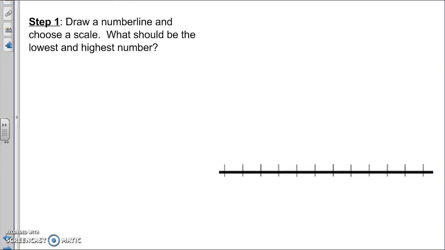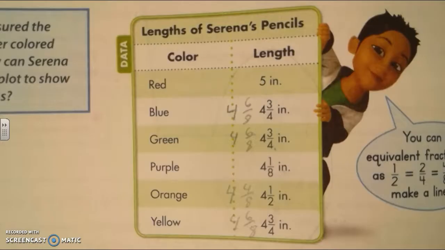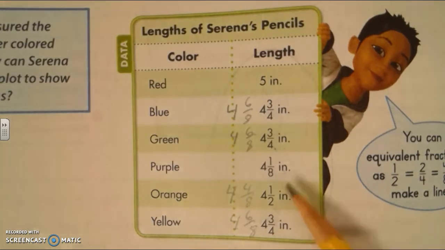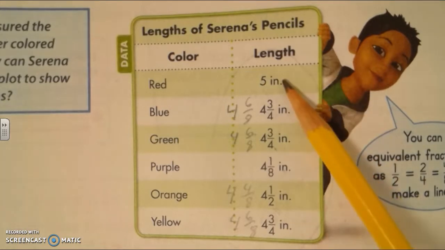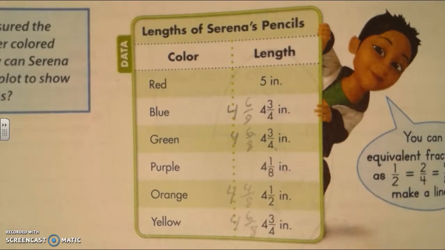So step 1 is draw a number line and choose a scale. What should be the highest and lowest number? Well, we're looking here at our data. The lowest number on our chart is 4 1/8, and the highest number is 5. So I have to make sure that my number line goes from 4 1/8 to 5 inches.